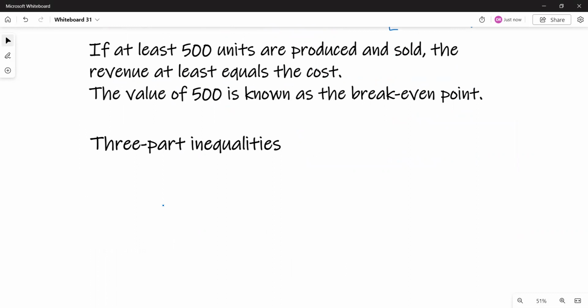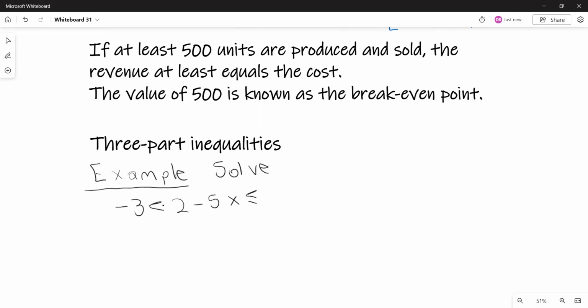So we are going to solve the inequality negative 3 less than 2 minus 5x less than or equal to 13. And what we do, if you have this type of inequality, what you do is isolate x as the middle term.